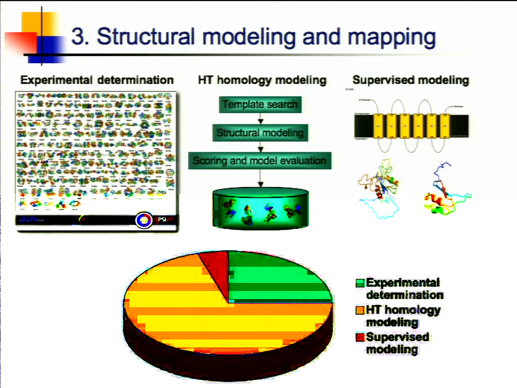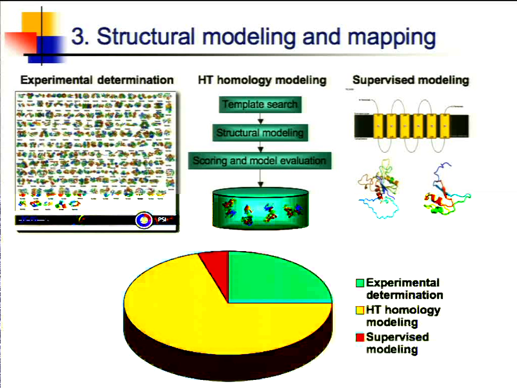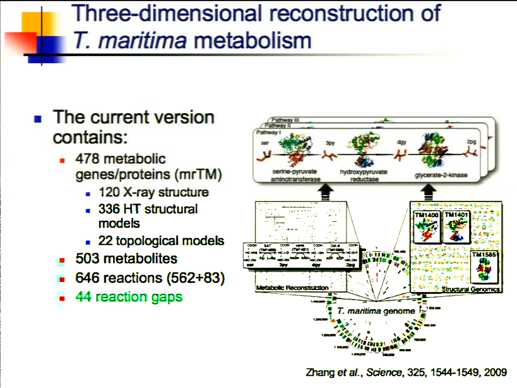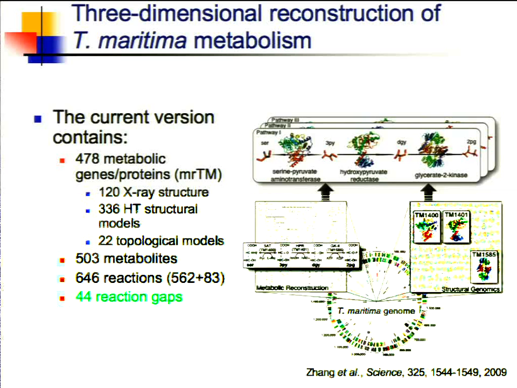This pie chart shows the proportions of each of the methods that help us cover the entire metabolic system. The slides also show some statistics on the scope of our reconstruction.